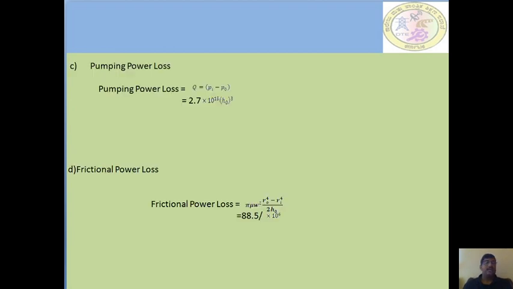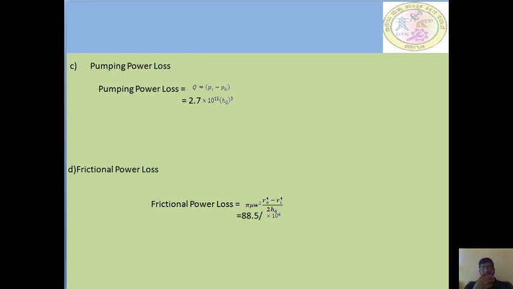And then the pumping power loss, the equation is already in the handbook: P equals Q multiplied by Pi minus P naught. We know Q, we don't know H naught cube, so we put it in terms of H naught cube. Multiplying everything, we will get 2.7 multiplied by 10 raised to 15 into H naught cube.